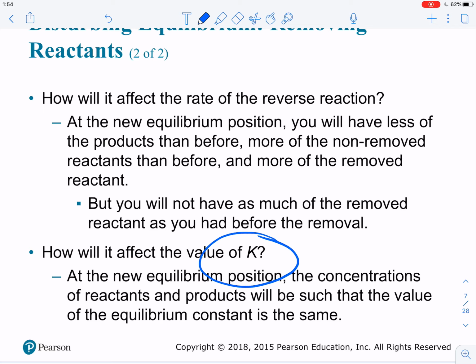If you remove products, you are shifting the equilibrium towards the right, favoring the products, because you have to replenish what was removed. Therefore, the concentration of the product increases from the point it was removed, and the concentration of the reactants will decrease accordingly.